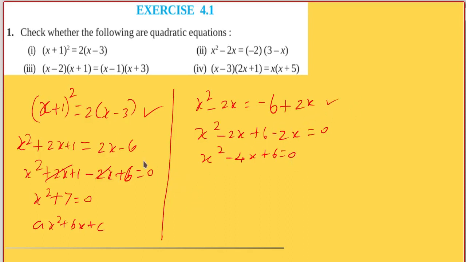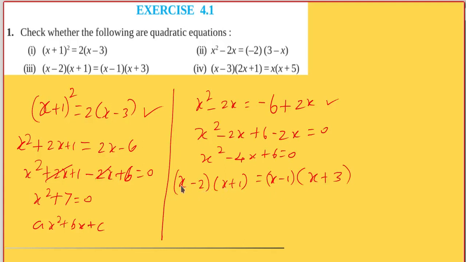Next question, the third one: x minus 2 into x plus 1 equal to x minus 1 into x plus 3. We have two brackets on each side, both in multiplication, so let me multiply on both sides.